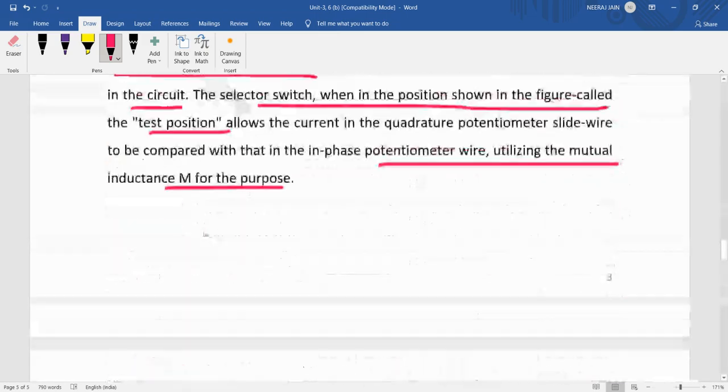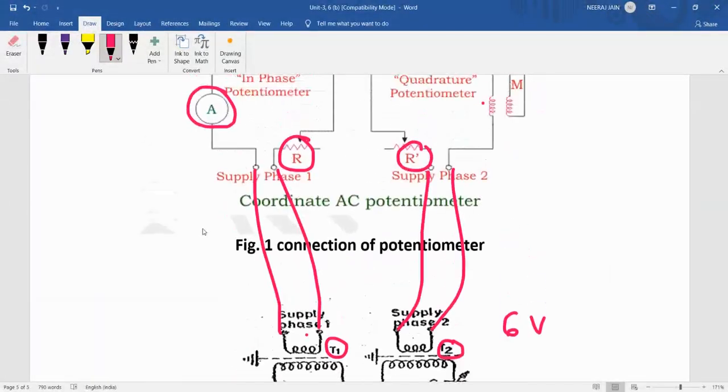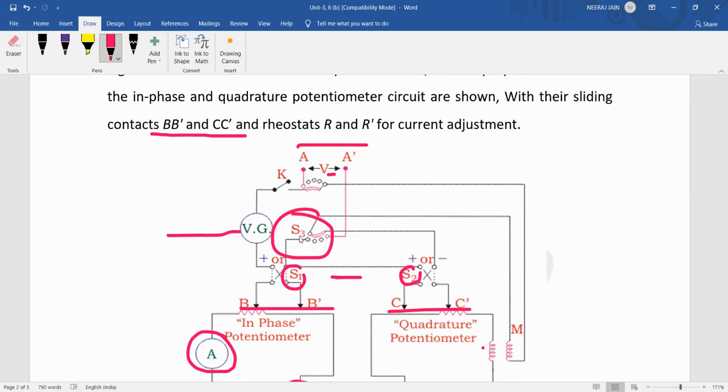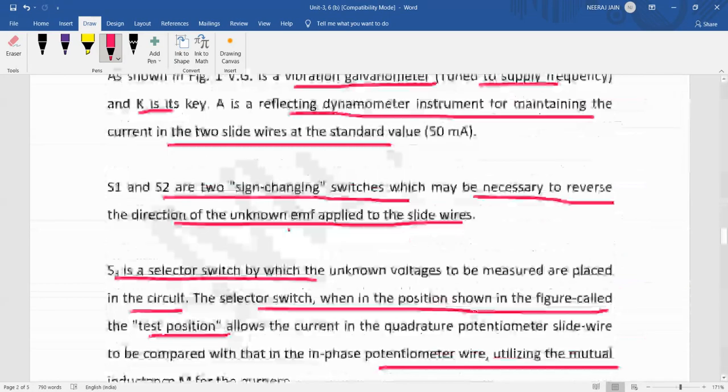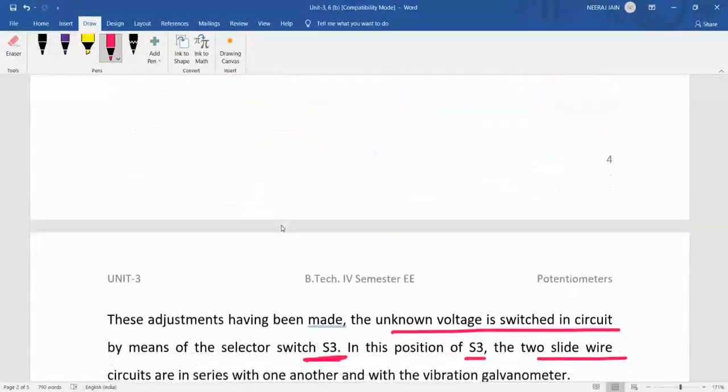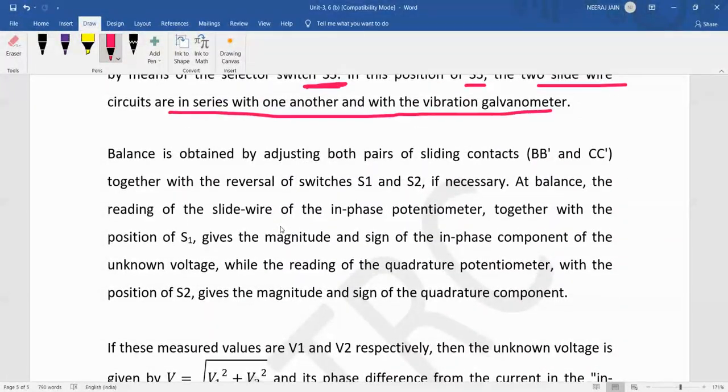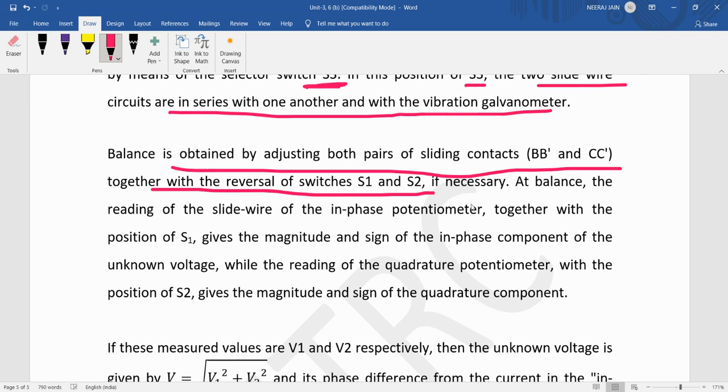Now we apply the unknown voltage to the circuit through the S3 switch, and try to bring the vibration galvanometer to the balance position. Balance is obtained by adjusting both pairs of sliding contacts BB' and CC' together with the reversal of the switches S1 and S2, if it is necessary, it is not compulsory.